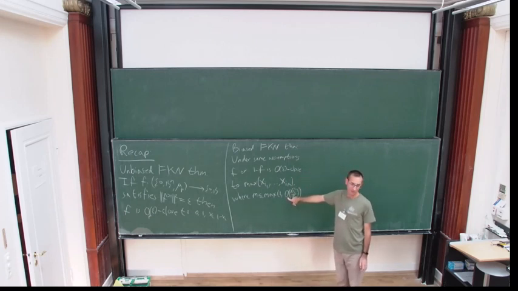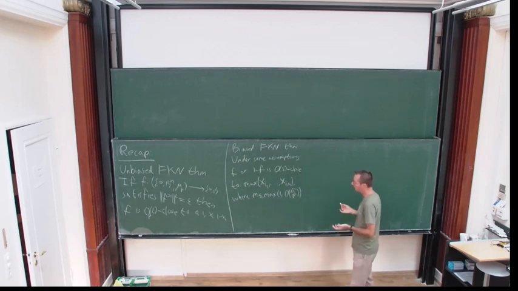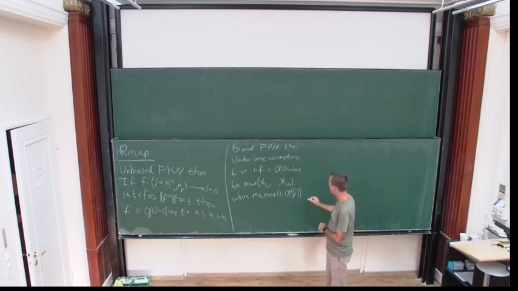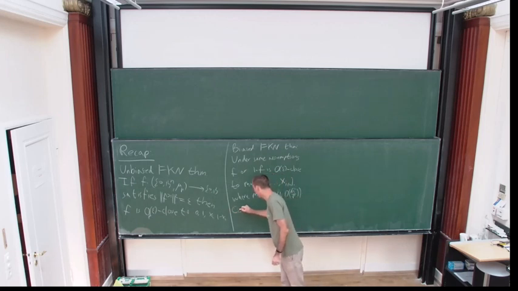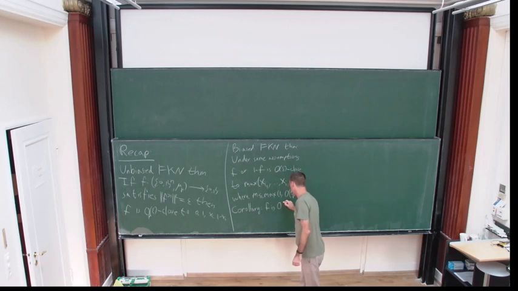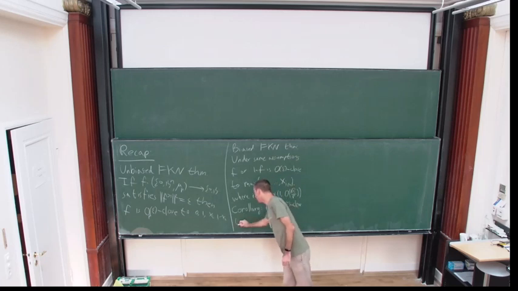Essentially, if we take the maximum of too many coordinates, then the function won't be close to degree 1. Now there's a nice corollary: under the same assumptions, the function is order square root epsilon close to a constant function or a dictator.